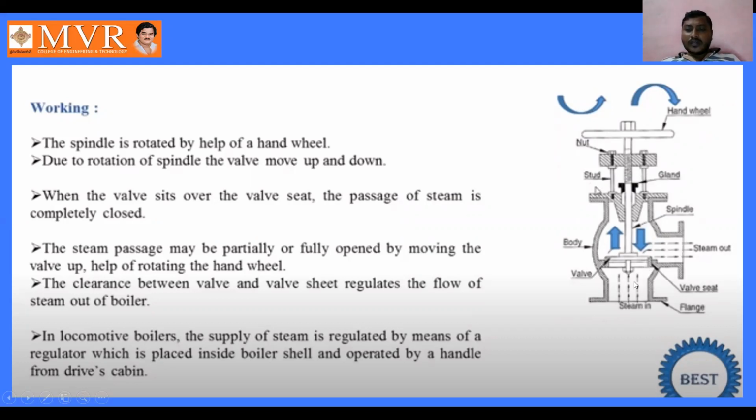See here, when the handle moves in the clockwise direction, the spindle moves downward, and when the hand wheel moves in the anti-clockwise direction, the valve moves upward. When the spindle moves upwards, the steam enters and goes out.